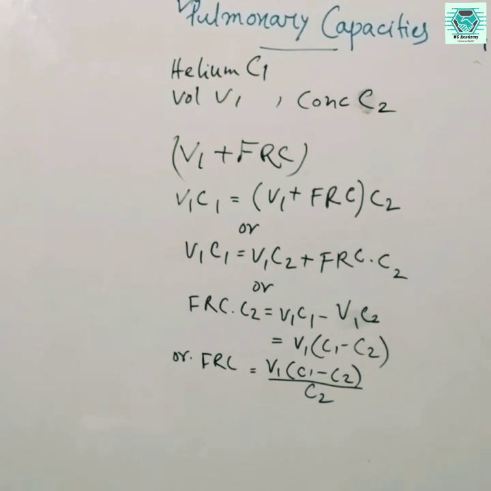The helium concentration shows a gradual decrease due to dilution by the FRC air. When uniformly mixed, the helium concentration becomes steady. Now the FRC is read directly from the display of the apparatus. This is how we measure FRC by the helium dilution technique.